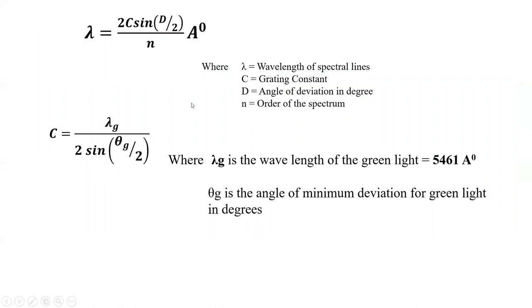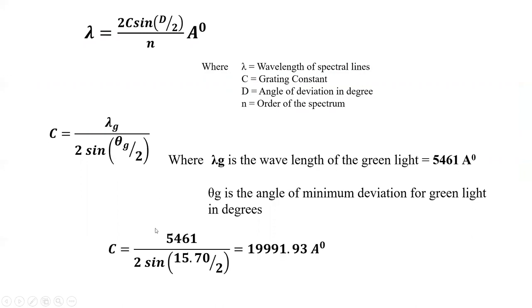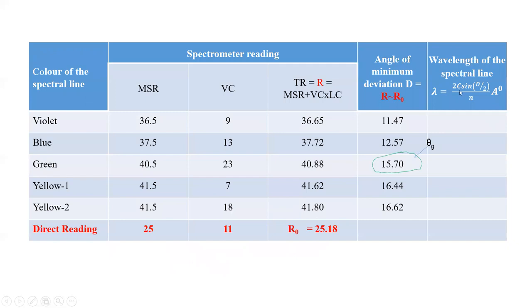That value is already shown in the previous slide, that is 15.70, and lambda g equal to 5461 angstrom units. Substituting these values, 5461 by 2 sine 15.70 by 2, equals 19,991.93 angstrom units. This is the value of the grating constant.